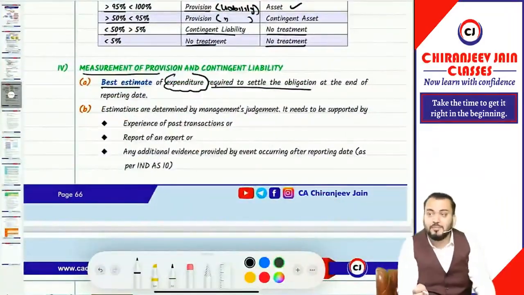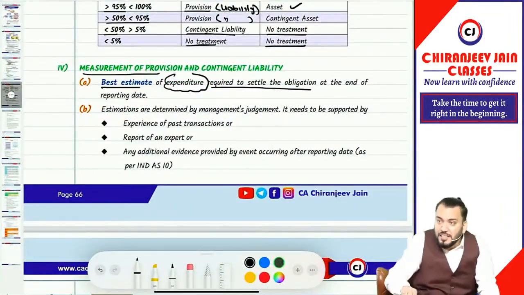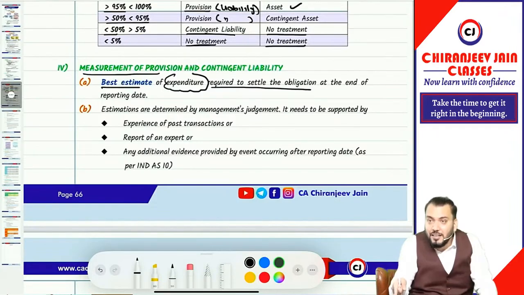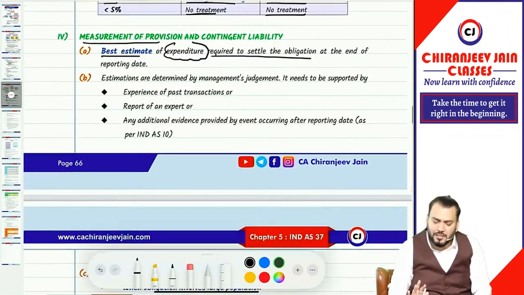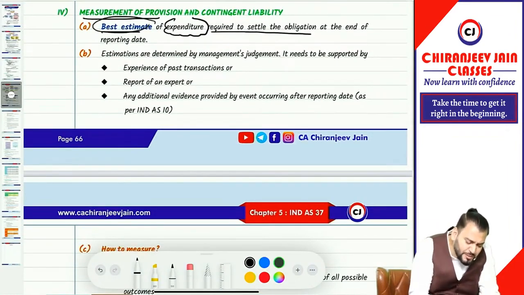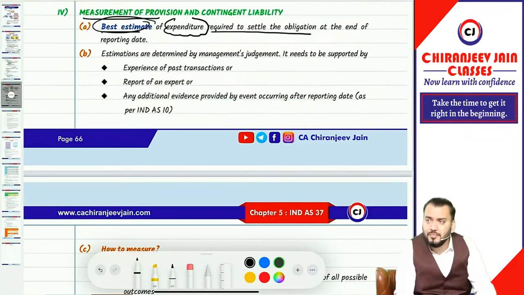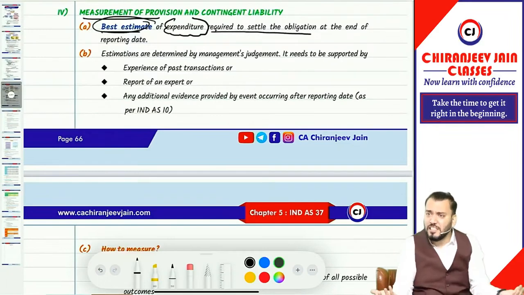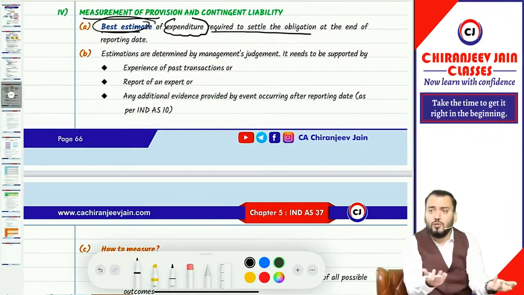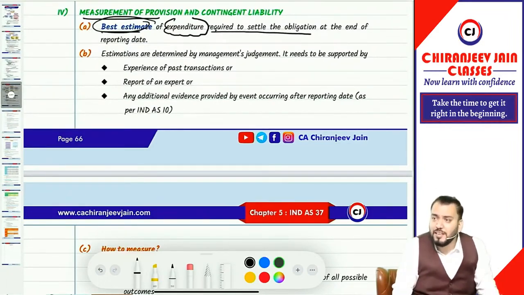It should be the best estimate of the expenditure which is required to settle the obligation at the end of reporting period. But sir, how will we do this best estimation? Means how to estimate? Ind AS 37 says that you need to rely on management judgment. Whatever management is saying, that is only the best estimate, because they only know how much expenditure is required to be made.